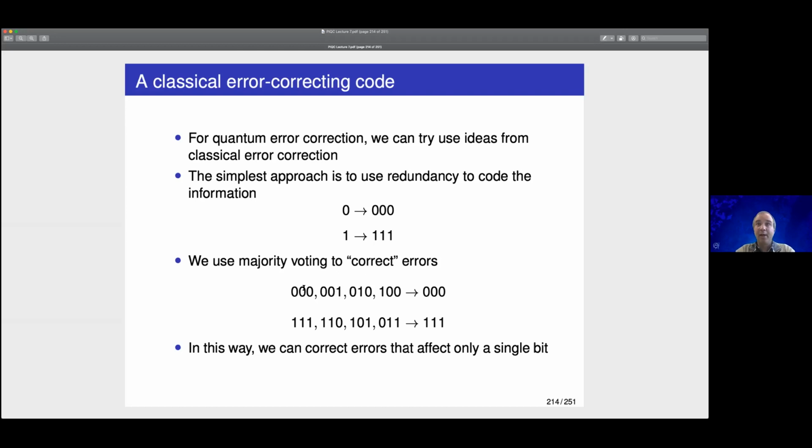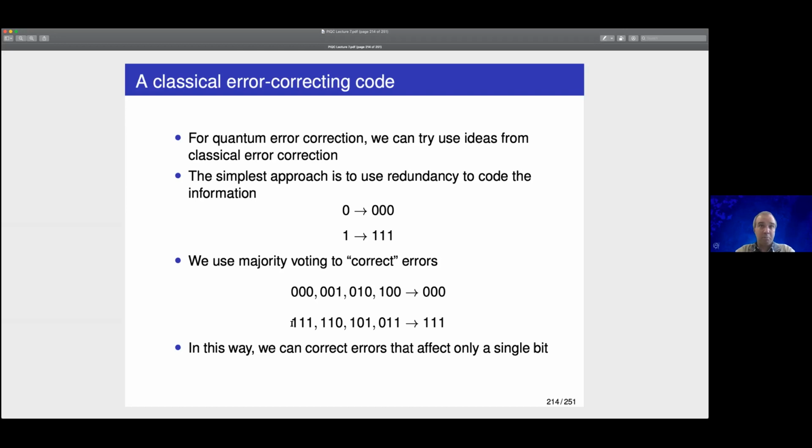For instance, if I'm sending these 3 bits from Alice to Bob, and Bob receives either of these strings here, then he corrects the information back to 0, 0, 0, okay? Assuming that at most one bit has been modified, 1 bit has flipped.